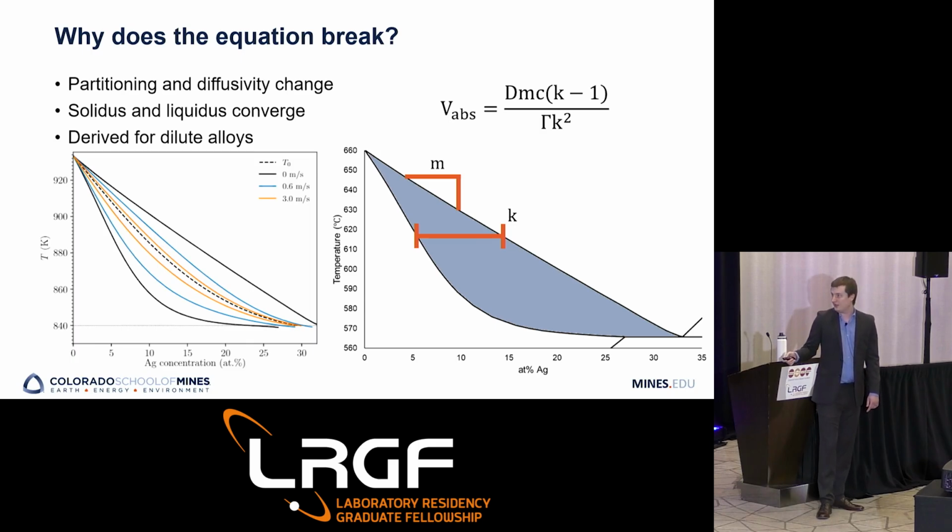And because of that curvature in the solidus, we introduce curvature into the liquidus, which the equation was not built to handle. We're also reducing our partitioning coefficient to eventually 1, partitioning coefficient simply being the ratio of solid composition to liquid composition. And the equation was also built with the assumption that we're looking at dilute alloys, and 15, 17 atomic percent silver is a bit far from dilute.